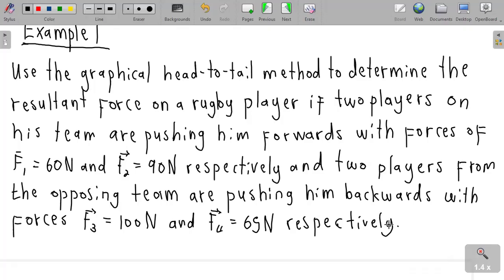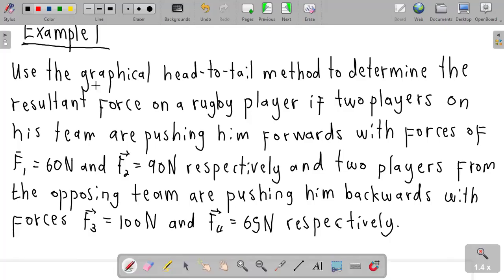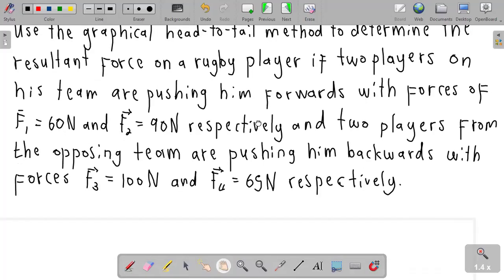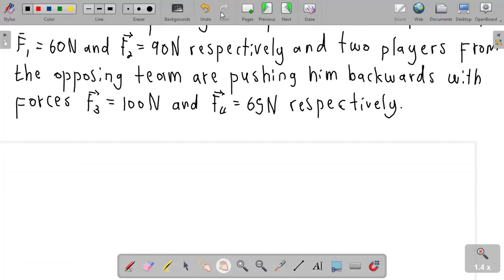So this is the question that we have. There are two players pushing forwards with 60 and 90, and two players from the opposing team pushing backwards with 100 and 65 respectively.